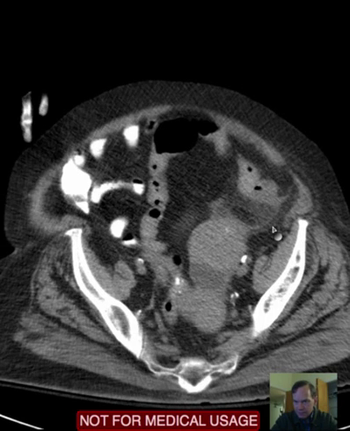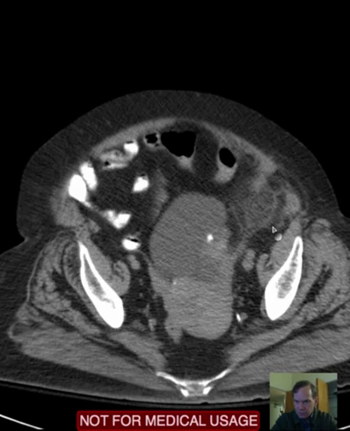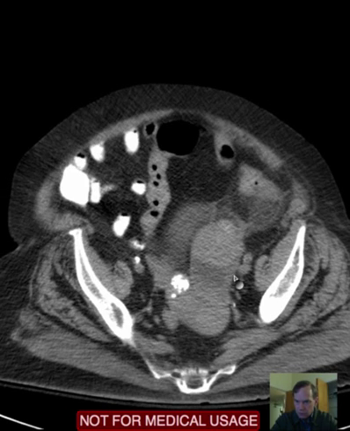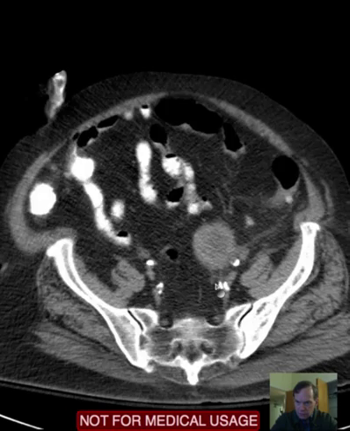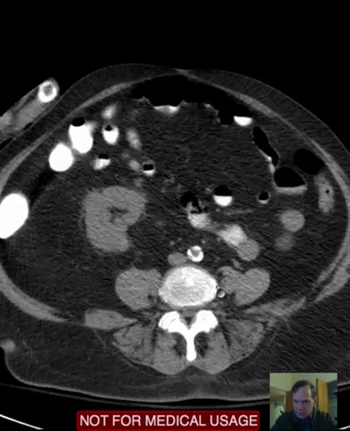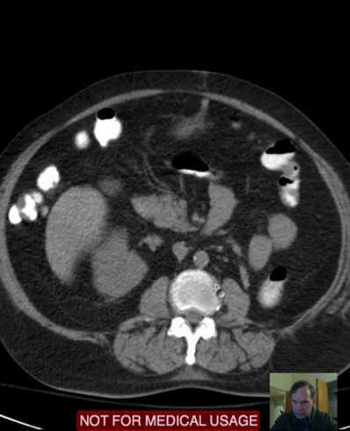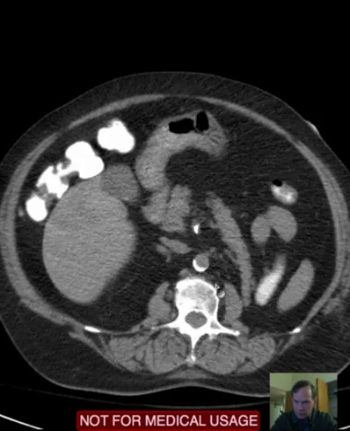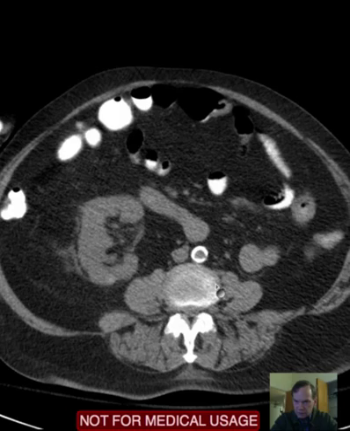And as I say, we have uterine fibroid. Now I'm beginning to second think this in the left pelvis. You know what that is? That's a pelvic kidney.